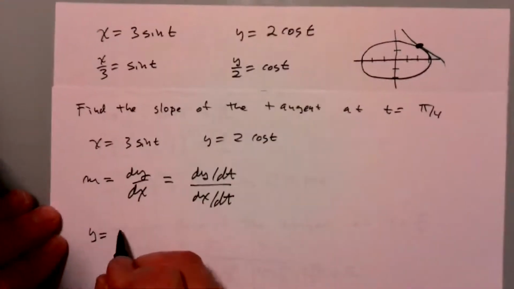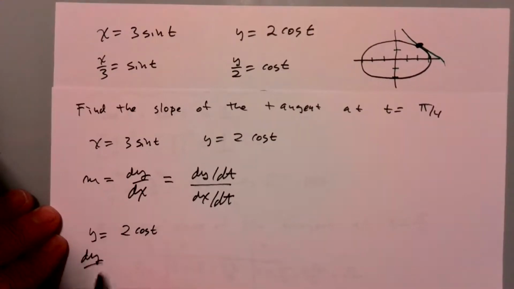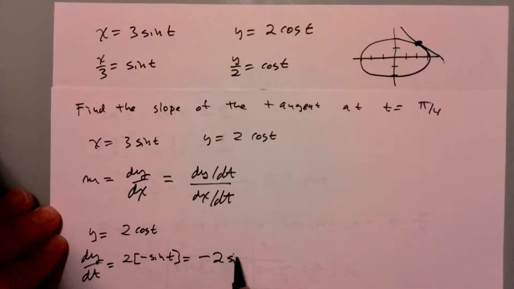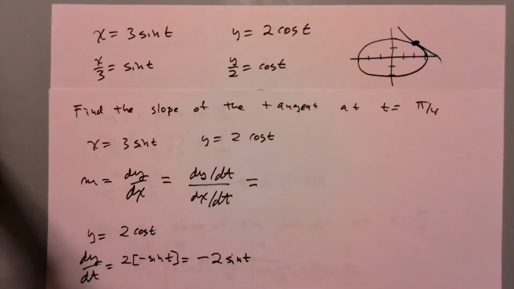Again, y is 2 cos t. So the derivative of y with respect to t is 2 times the derivative of cosine, which is negative sine t, which would give me negative 2 sine t. So the dy dt that I have here is negative 2 sine t.